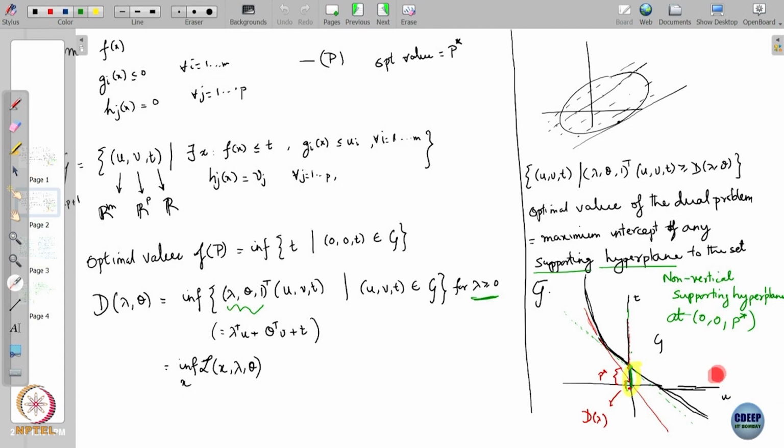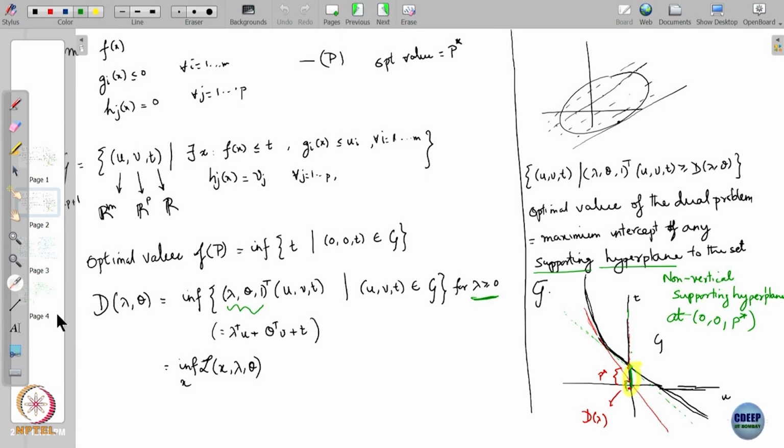So, whenever there is a u in G, a larger u can also be fit in because of the way the set has been defined; these inequalities will continue to hold. Similarly, if you have a T in G, then you can always fit in a larger T. So what this means is G is always unbounded along the u and T directions going towards plus infinity.